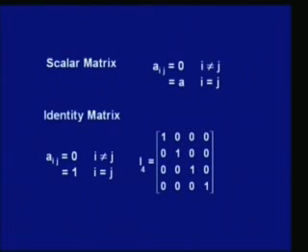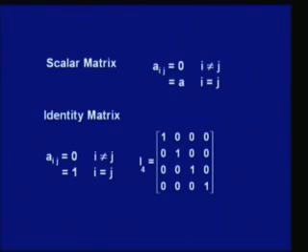The identity matrix is also a special form of a scalar matrix where this a happens to be 1. So, we define an identity matrix having Aij is 0 whenever i is not j, but it becomes 1 when i is equal to j.